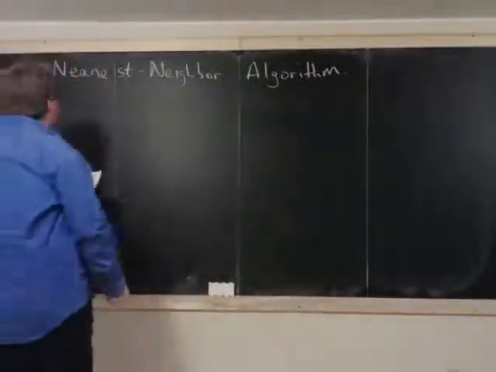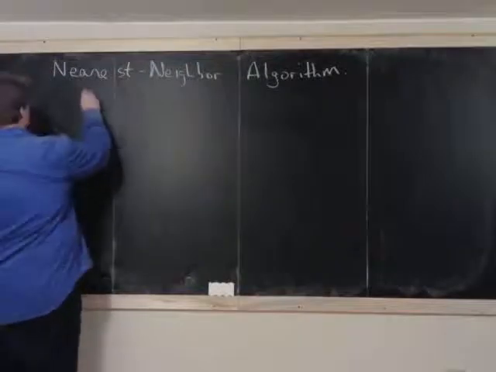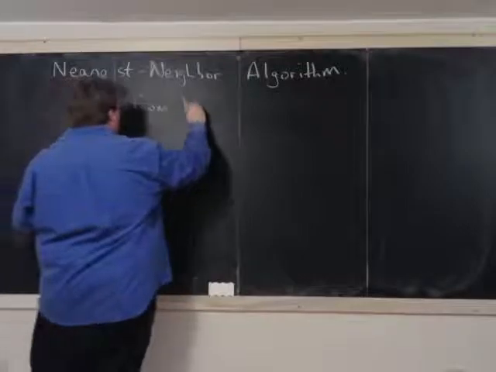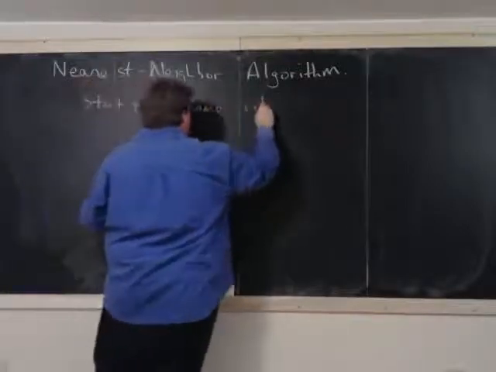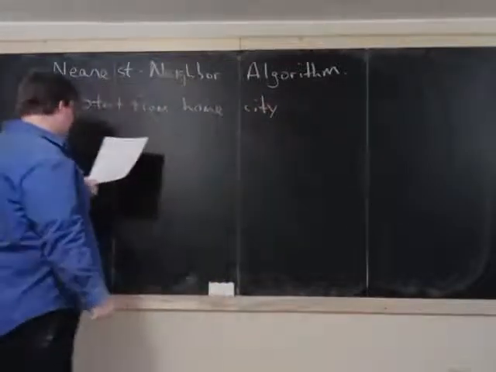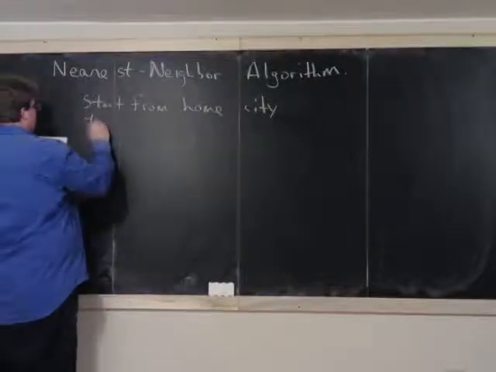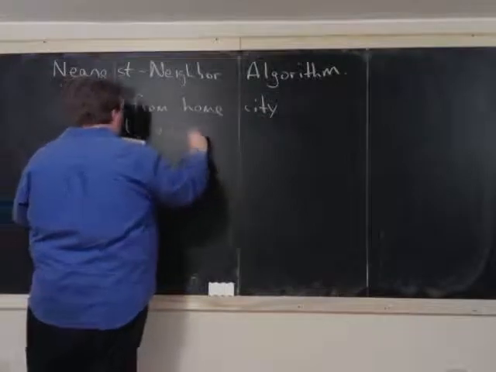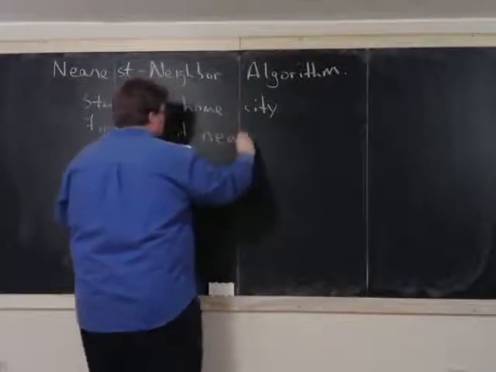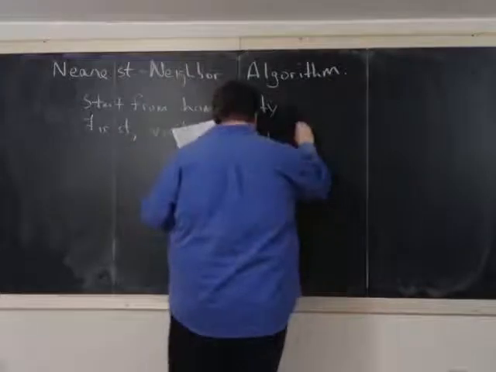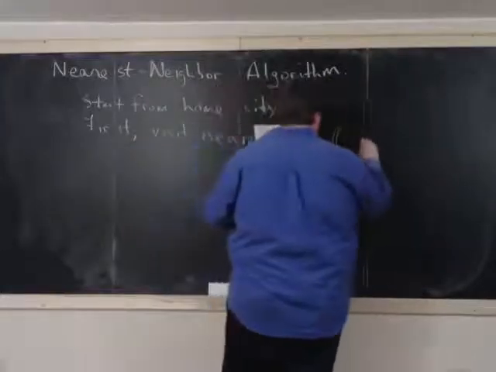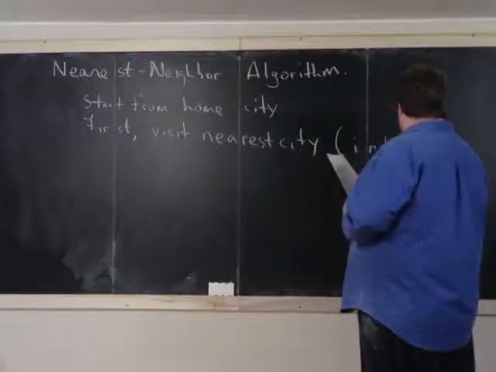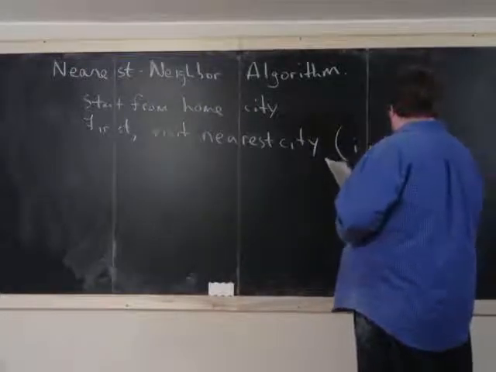So nearest neighbor algorithm. Start from home city. Then you visit the nearest city. And what we mean by nearest is in terms of cost.